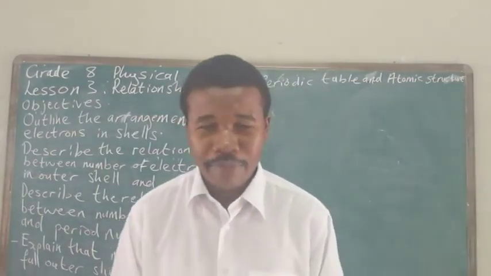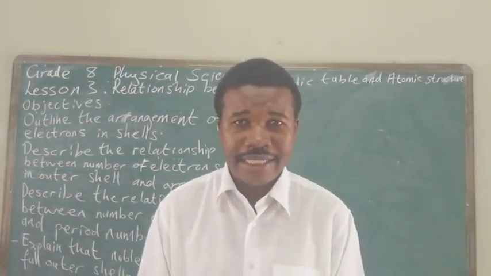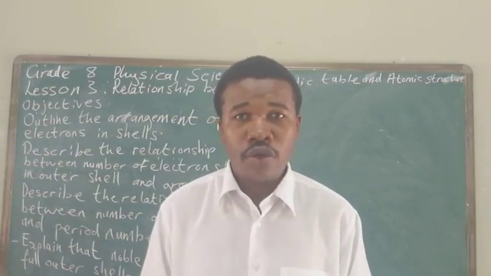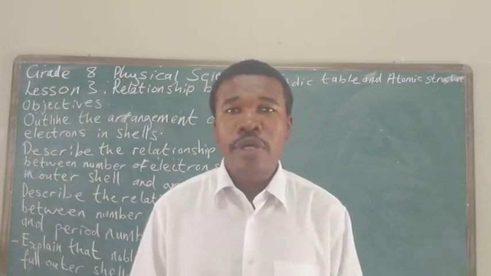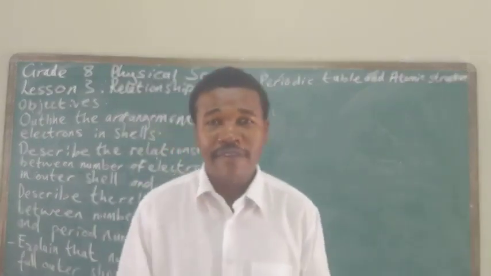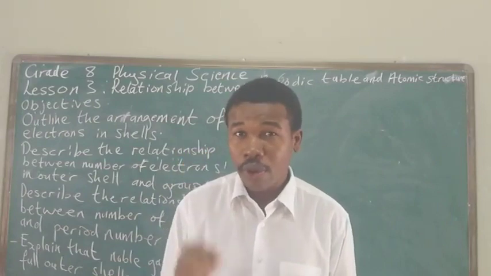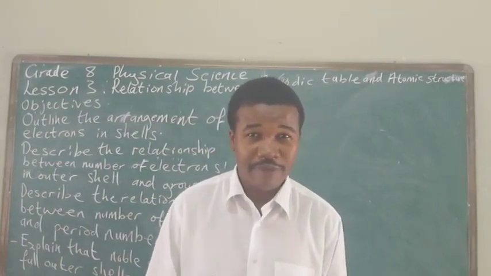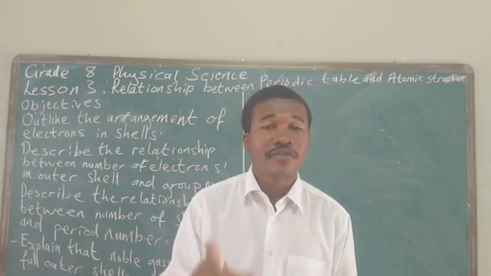Welcome back. The first thing we want to look at is the arrangement of electrons in an atom. We talked in the previous lesson about atomic structure, and I hope you recall what we have in that atom. In the atom we have a nucleus.